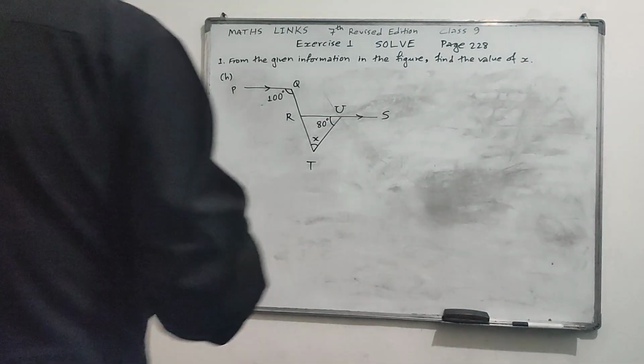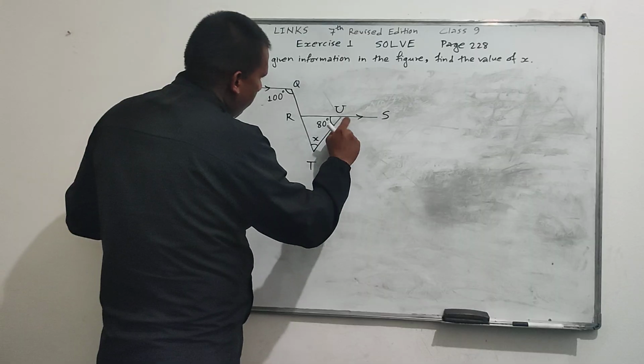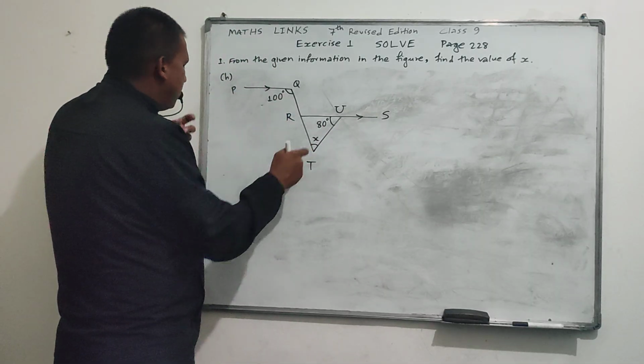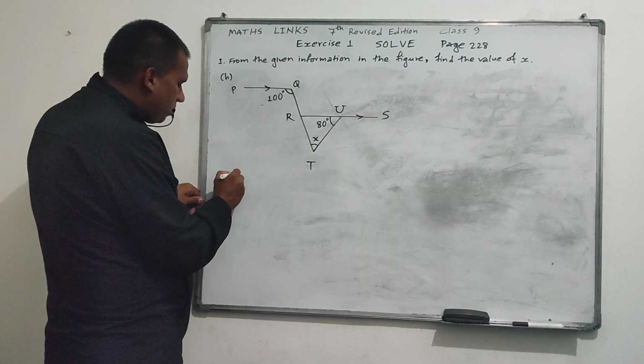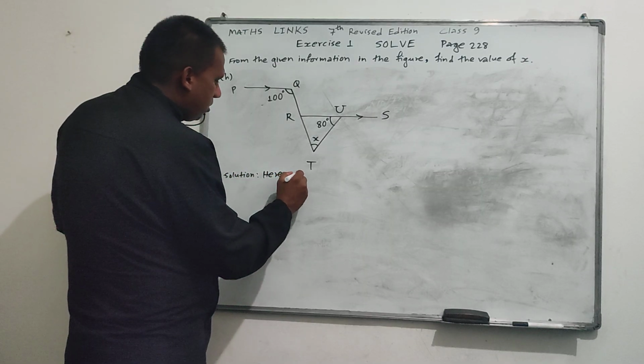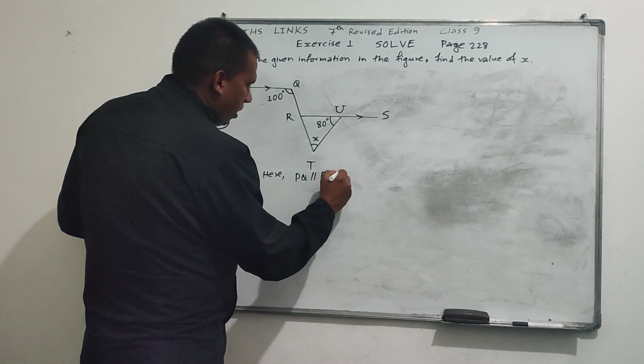Now, next question. In this figure, PQ is parallel to RUS. We have to find the value of x. This angle is 100. This is 80 degrees. Now its solution here. PQ parallel to RUS.